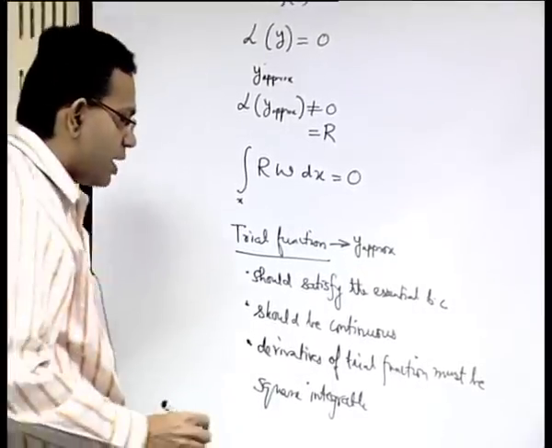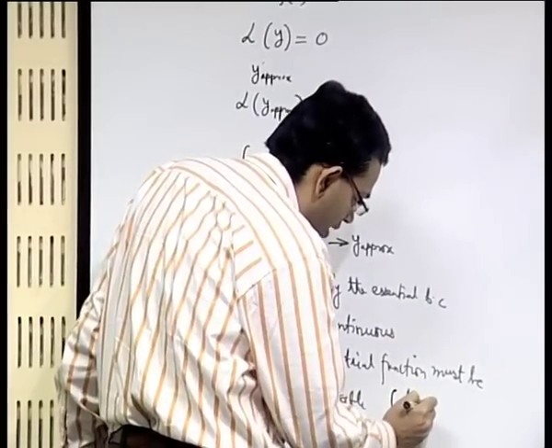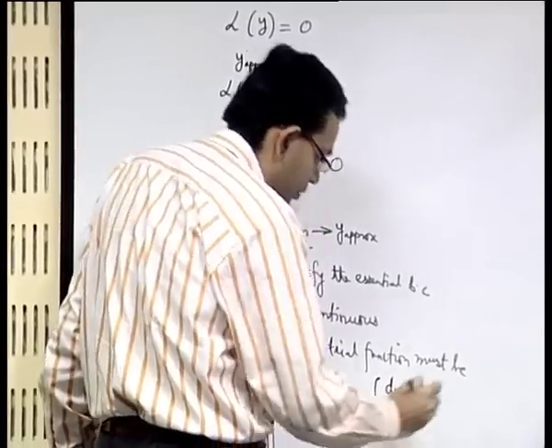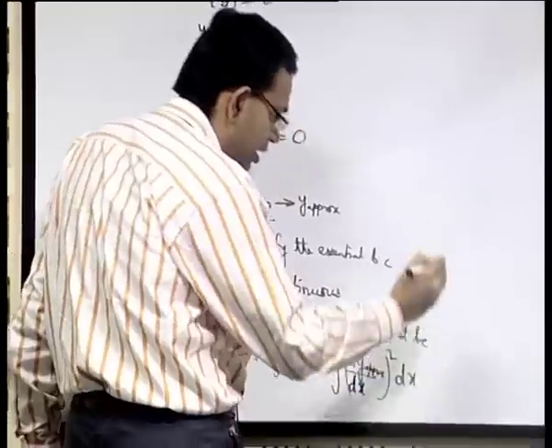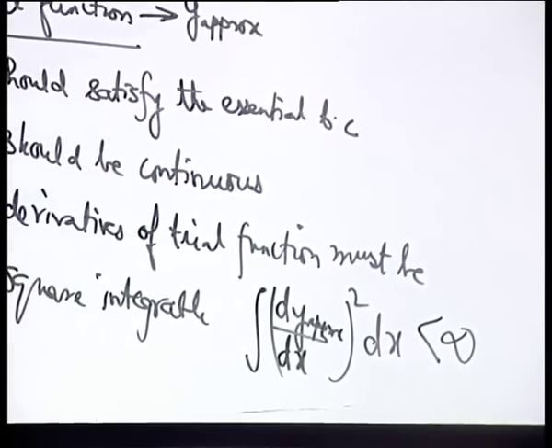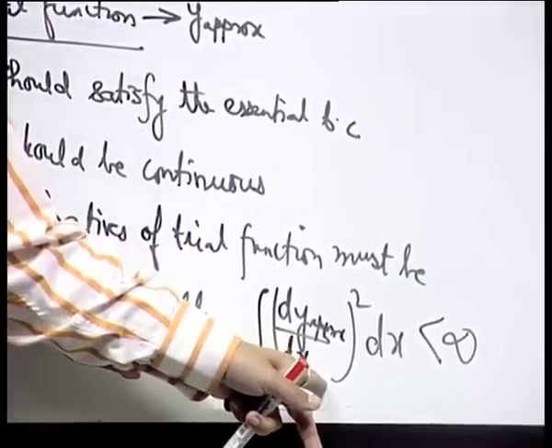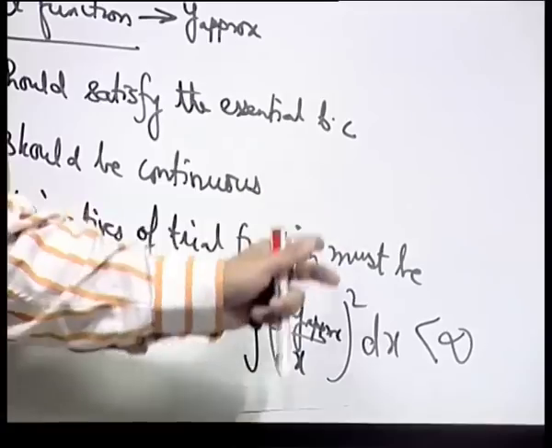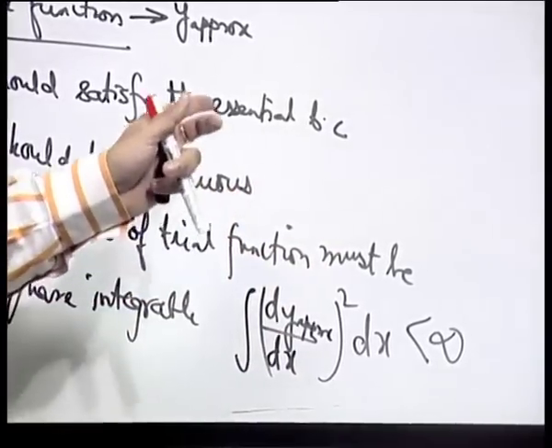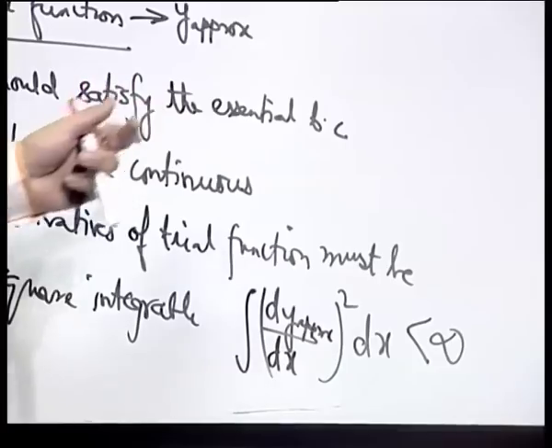So, derivative square integrable means, for example, if you have dy approximate by dx whole square, the integral of that must be less than infinity. So, it should be a bounded integral. Square integral means the integral of the square of the derivative, basically. This type of requirement is a very important and stringent requirement. It shows a boundedness of the function, so that its integral is not unbounded.